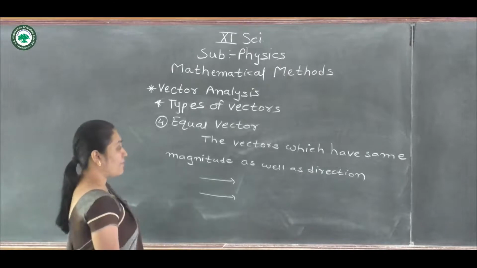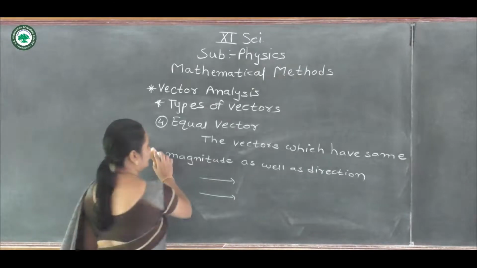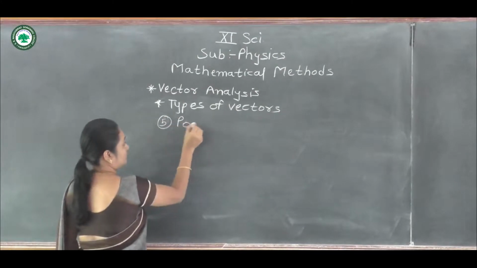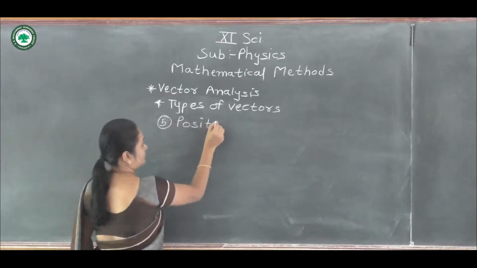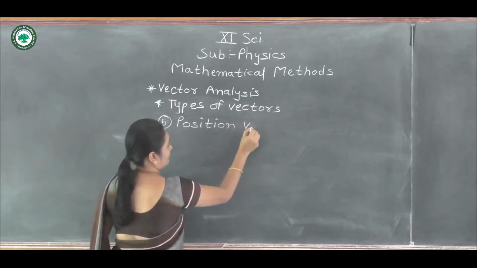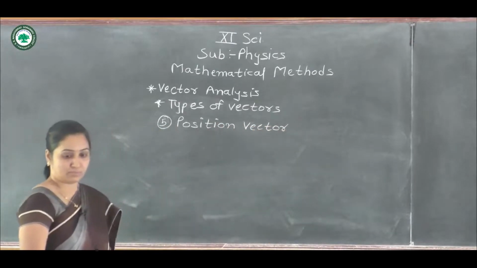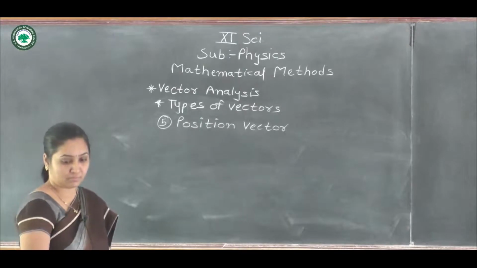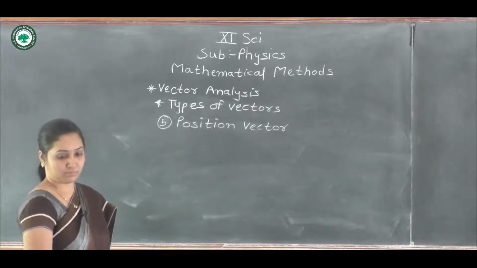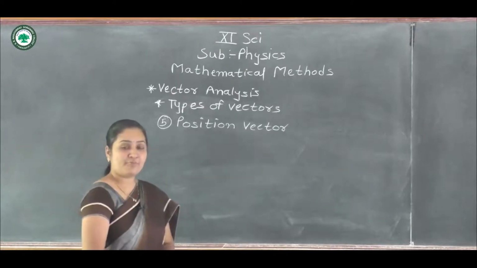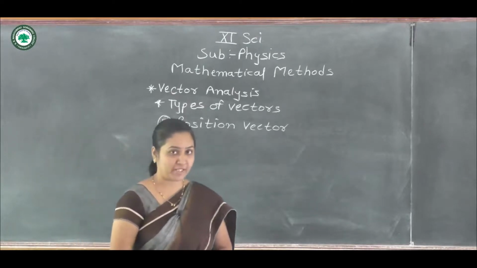Then the next type of vector is the position vector.